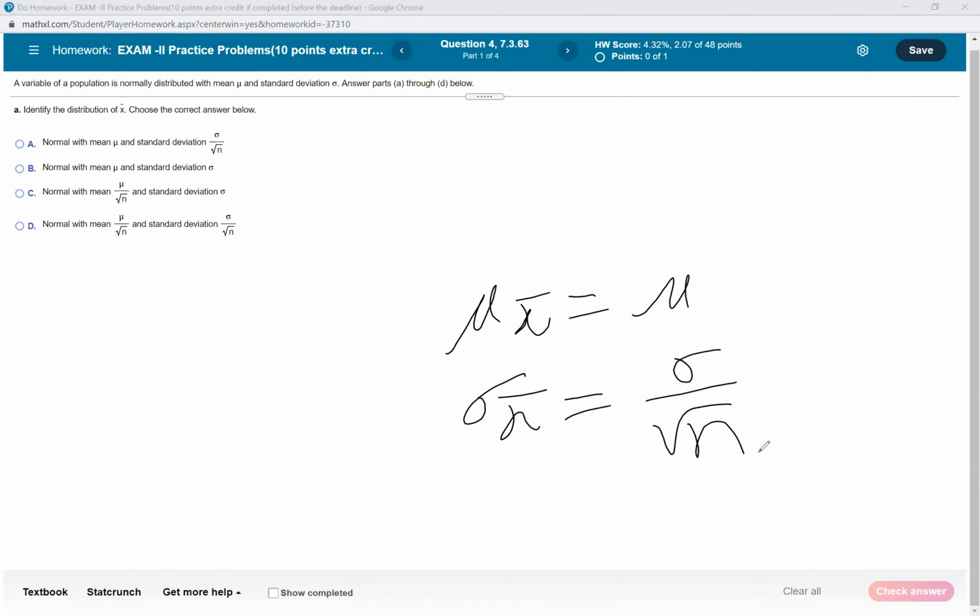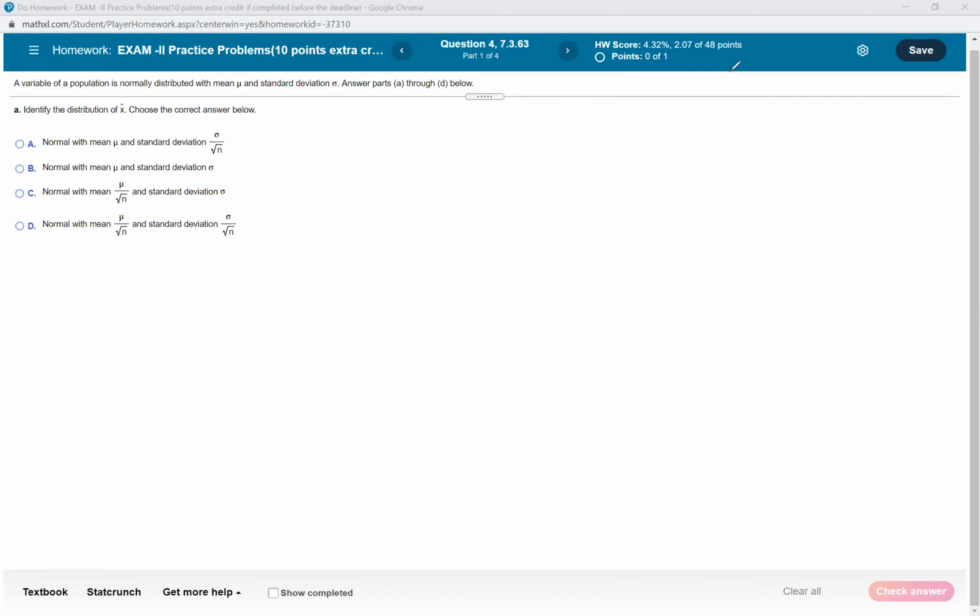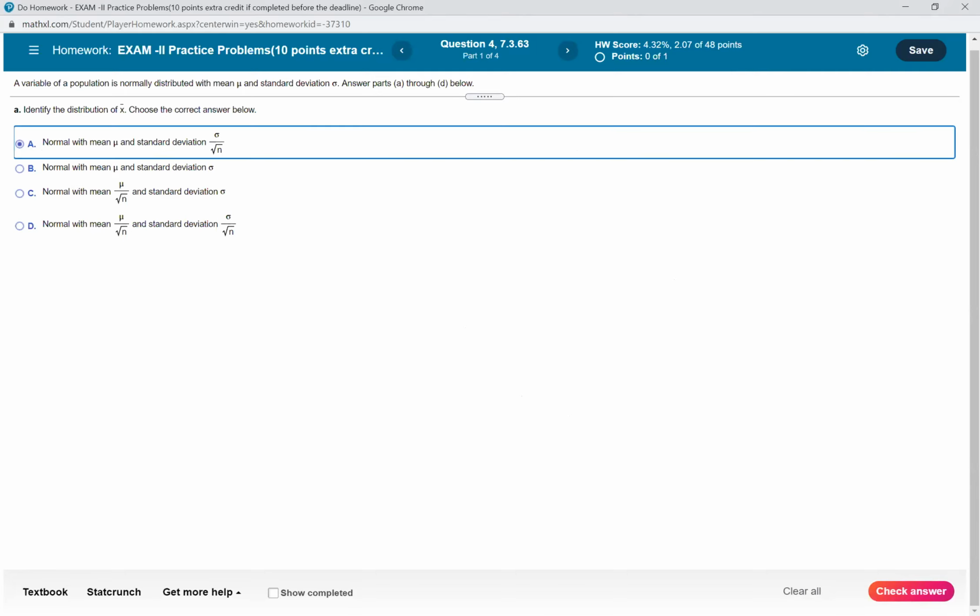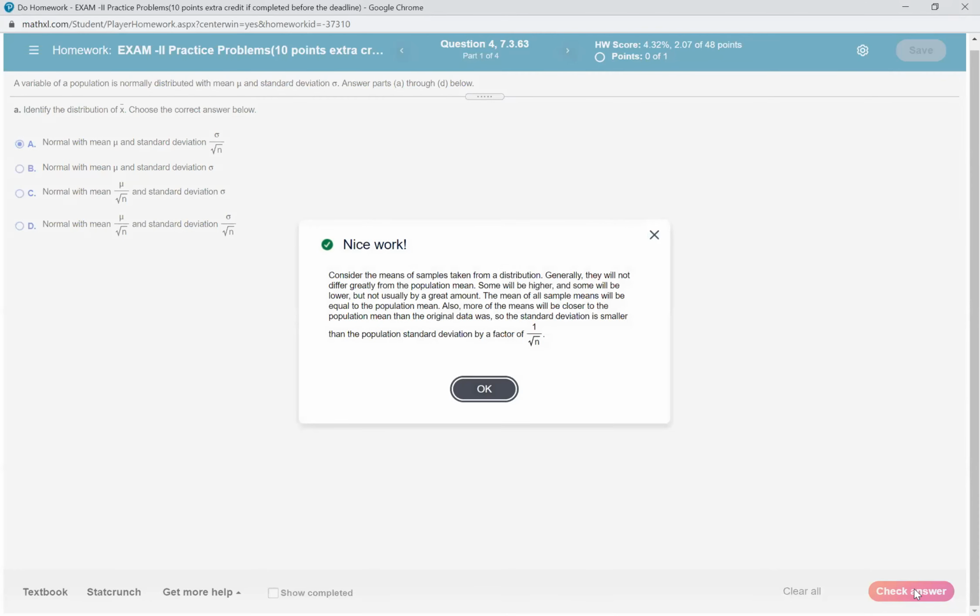So since the population distribution is normal, the distribution of x bar will also be normal with mean mu and standard deviation sigma over square root of n. So this is the correct answer.